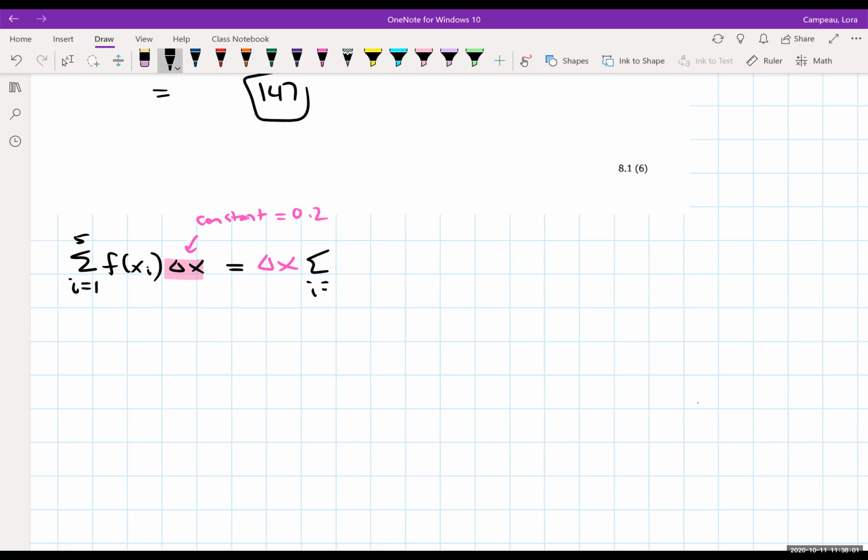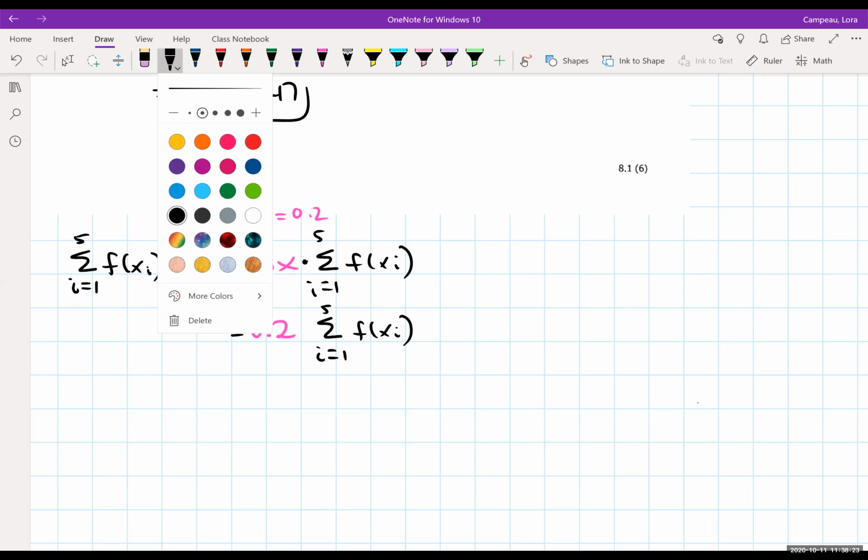Summation i equals 1 to 5. Let me make that summation a little prettier. F of x of i. Now, you understand that's getting multiplied. You can say, hey, I already know delta x is 0.2. So all my job is to understand what this f of x of i business is telling me to do.